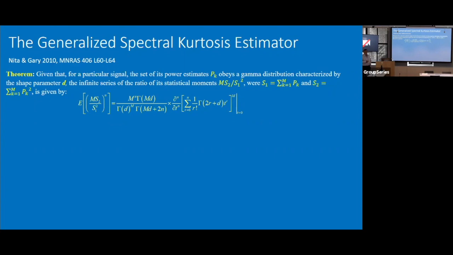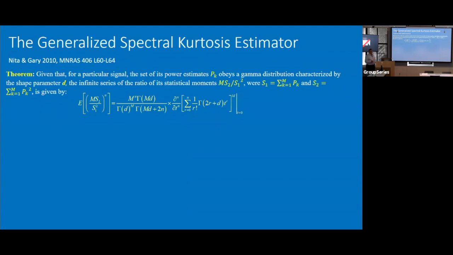So when you have an exponential distribution, d is 1. But you can have data that obeys a gamma distribution where d is different from 1. Our main result reported in this paper is that you can compute the infinite series of this ratio, S2 over S1 squared, if you have a set of gamma distributed random variables.